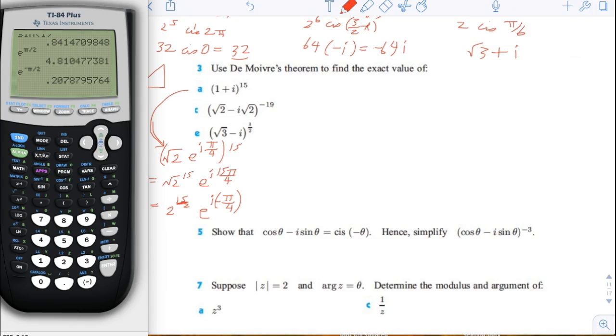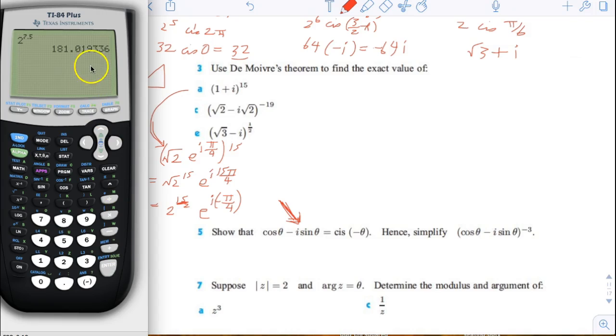Okay. So, which is an angle pointing kind of like that. So it's, okay, and the hypotenuse is 2 to the 15 halves power. So let's get a number for that. So 2 to the 7.5 would be 2 to the 15 halves power.